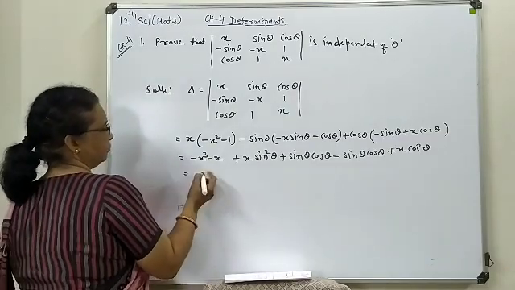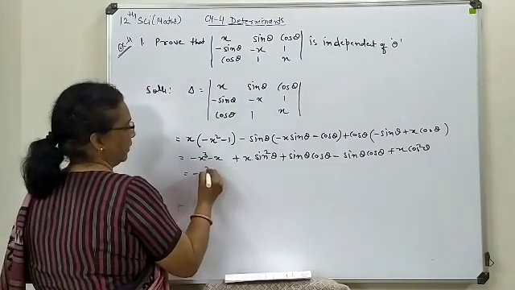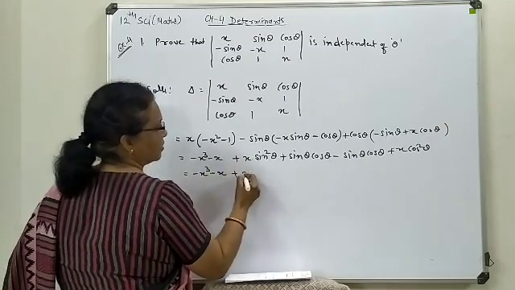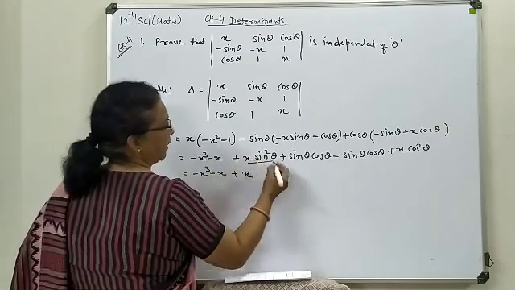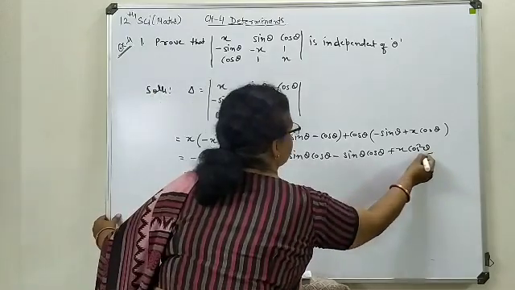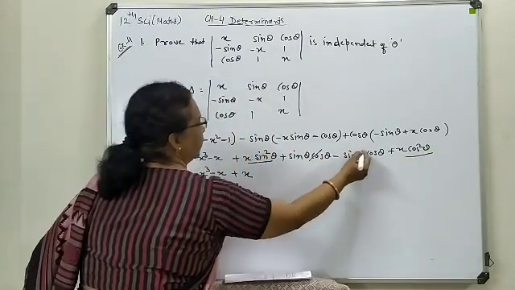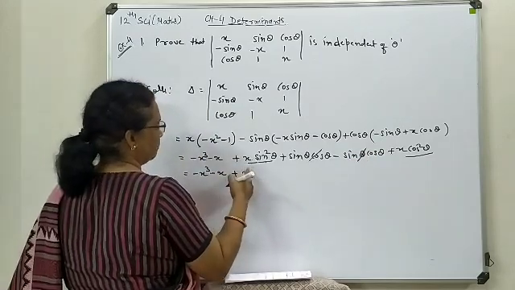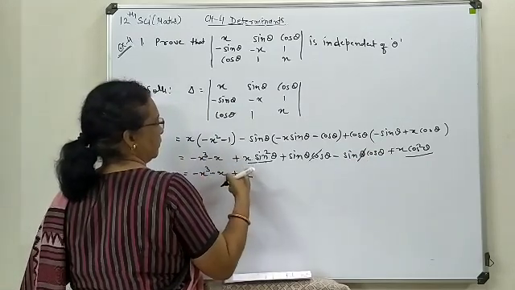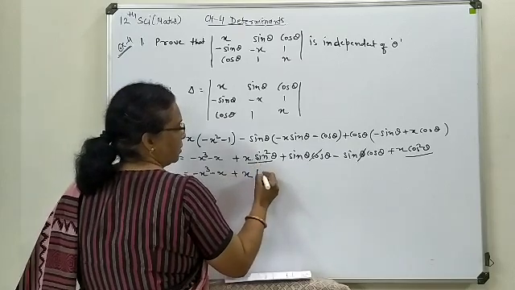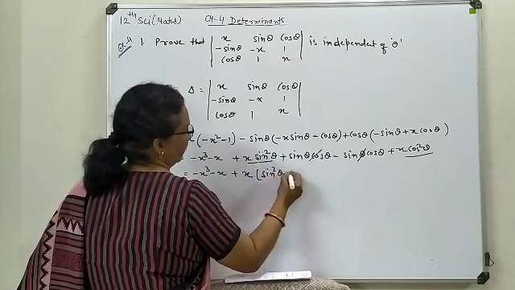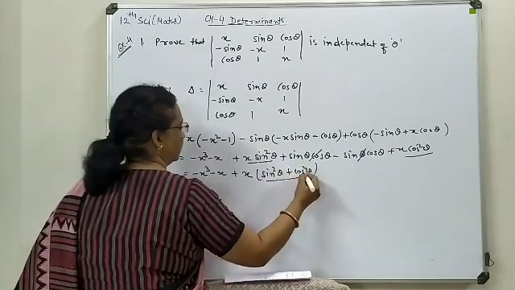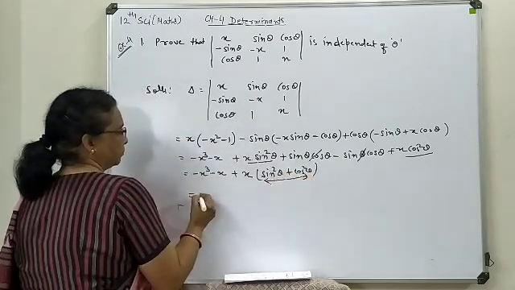Now combine the terms: x cube minus x. Here you can see x is common between these two terms and these two cancel. So x common, sine square theta plus cos square theta is an identity, so it turns to 1.